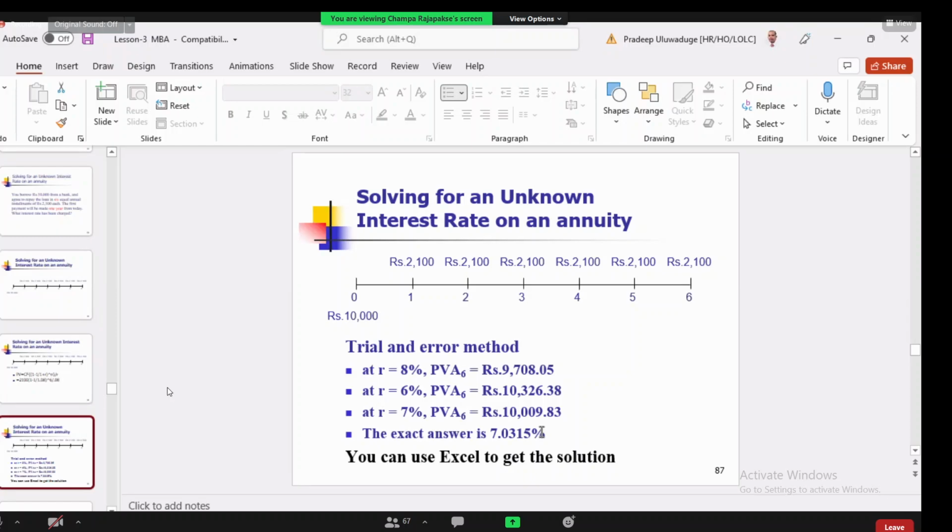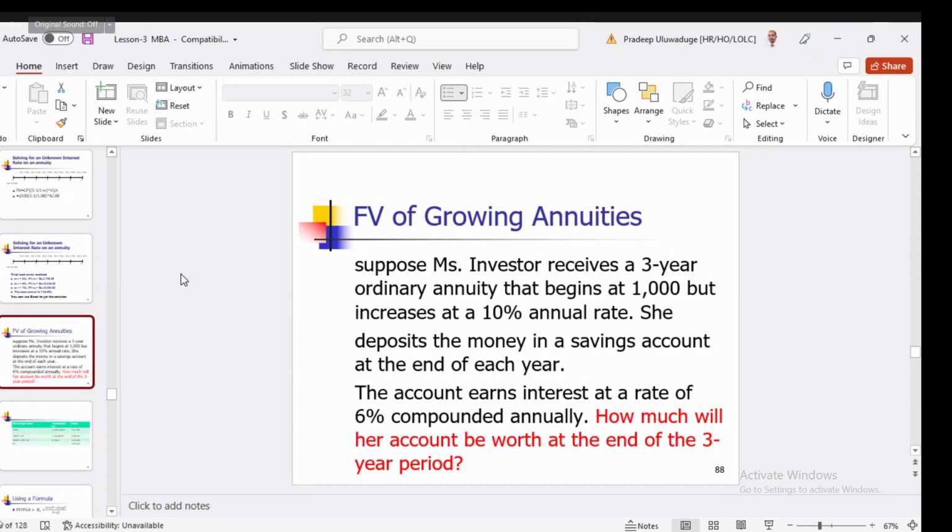Future value of growing annuities. What happens if the annuity grows? All this time we were talking about a fixed amount of money. Suppose Miss Investor receives a 3-year ordinary annuity that begins at 1,000 but increases at a 10% annual rate.